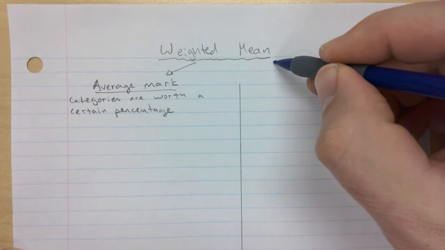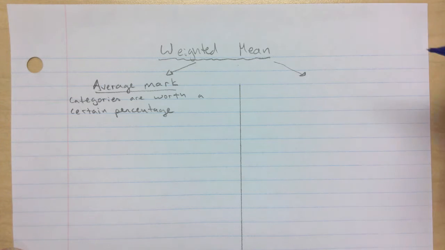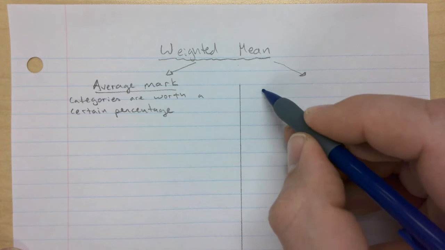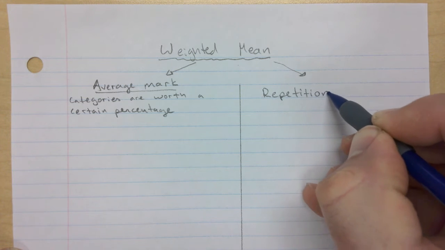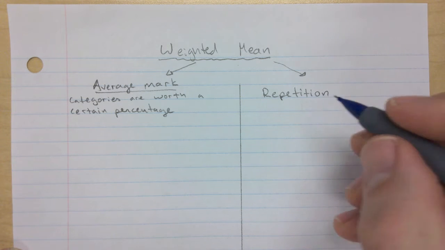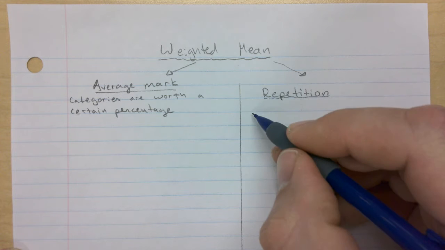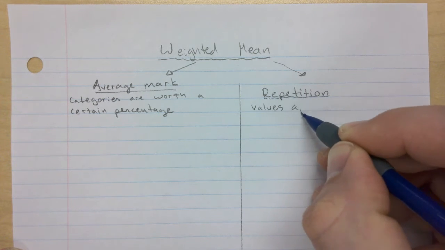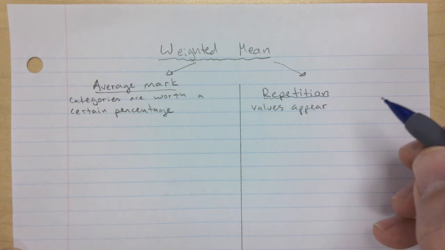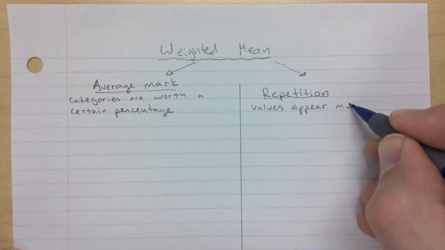And on the other hand, the other weighted mean scenario is repetition, where values appear multiple times.